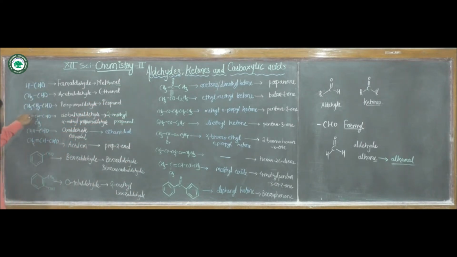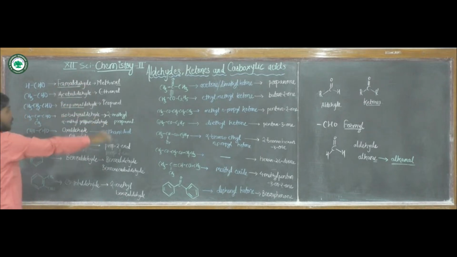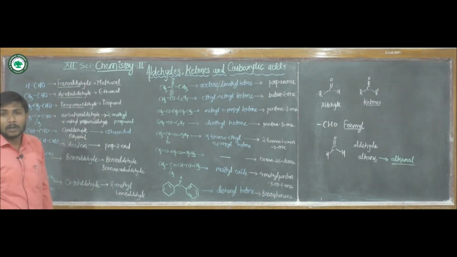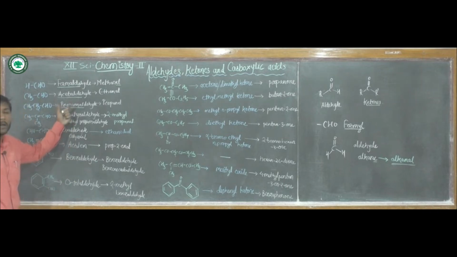Then, moving towards the fourth example, this is propionaldehyde. Look at the names. These are common names derived from the origin or the sources. As we have seen for previous functional groups, they are not the same: for propane we use propyl, but here it is propion. Here, acetaldehyde.